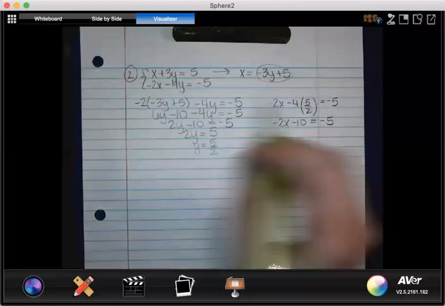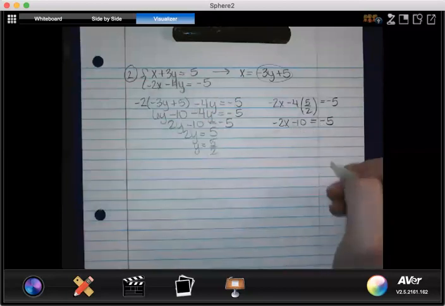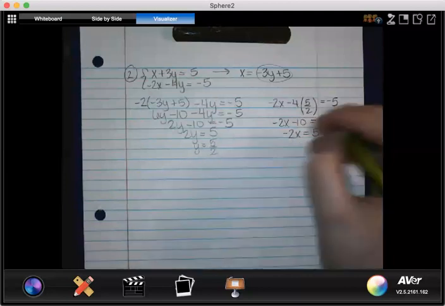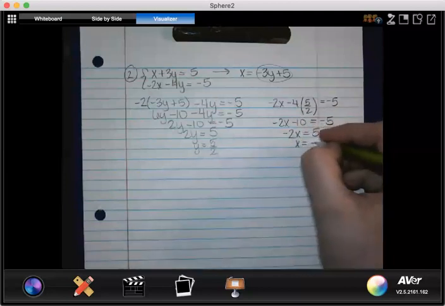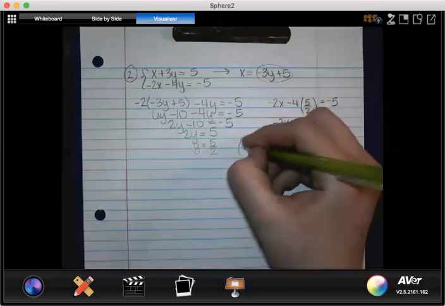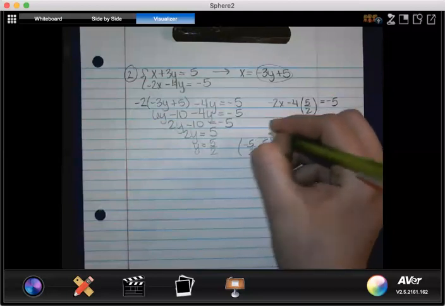Either way, easier because we're not dealing with an odd number. Add that 10 over to the other side and divide, and x equals -5/2. The last step, step 5, is to write our ordered pair, which would be -5/2, +5/2.